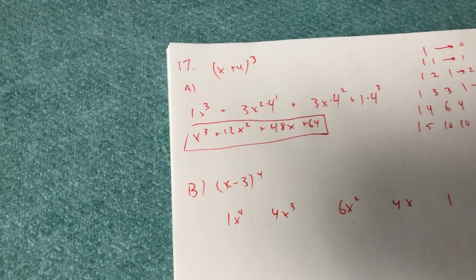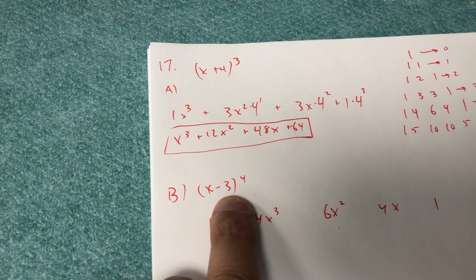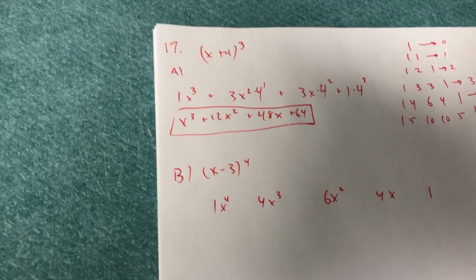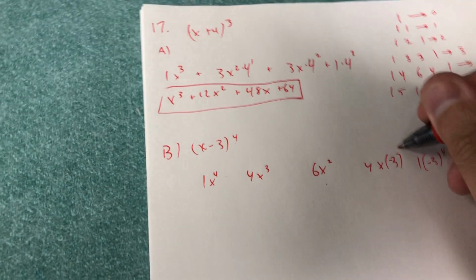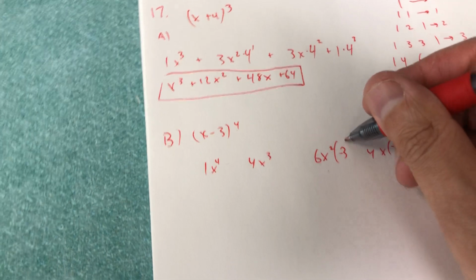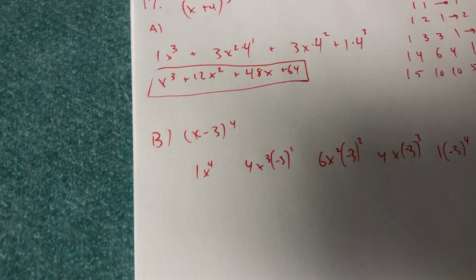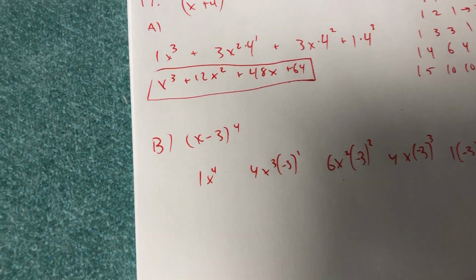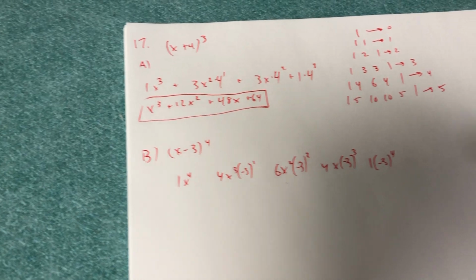And you're going to have increasing powers of the last term. But be careful, really read that as a negative 3. So you're going to have a negative 3 to the fourth, a negative 3 cubed, a negative 3 squared, and a negative 3 to the first. And the negative 3 to the 0 power would just be 1. All right, so you can get something that looks kind of like that. And then you can just work everything out.